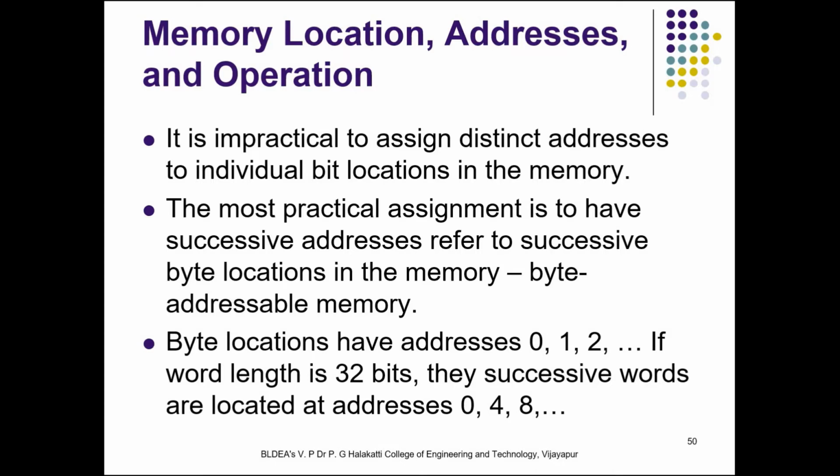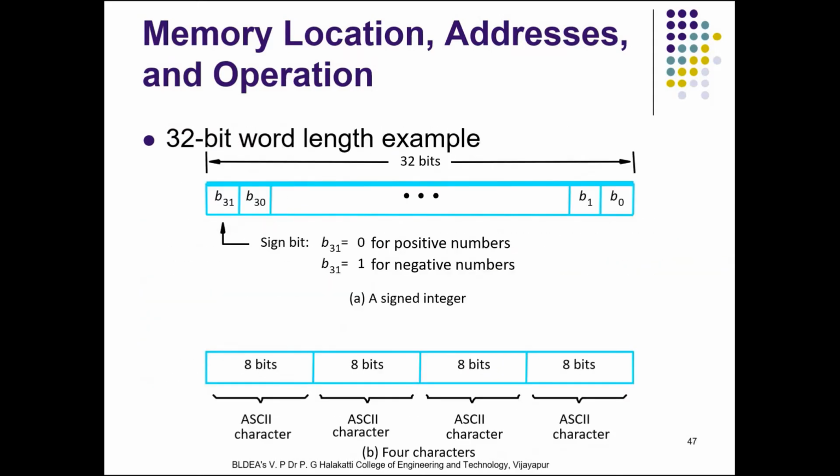Why are we choosing byte addressable? You have already seen in the previous example, if we are going to store ASCII characters, each character is going to take a byte of memory. So instead of going for bit addressing, we prefer to have a byte address.